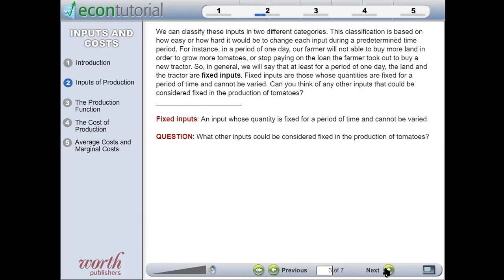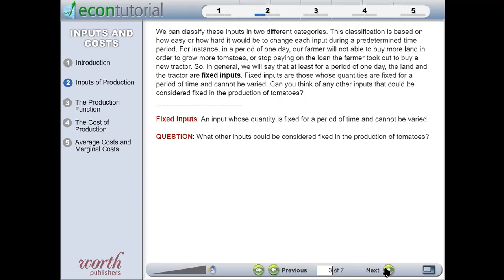It would take a lot of time. So the short run is a time period in which the fixed input cannot be changed, cannot be expanded, but in the longer run it can be expanded. So here we can say that in the longer run every input is variable, but in the shorter run there are certain inputs that are fixed and we have to go with them as they are.